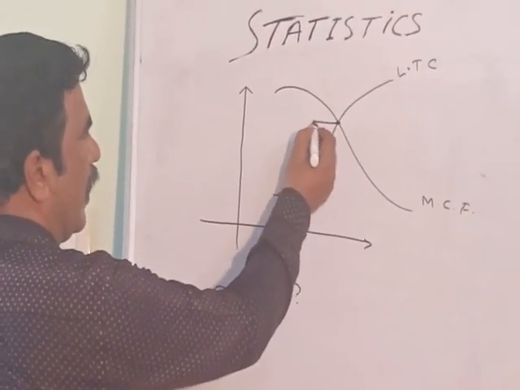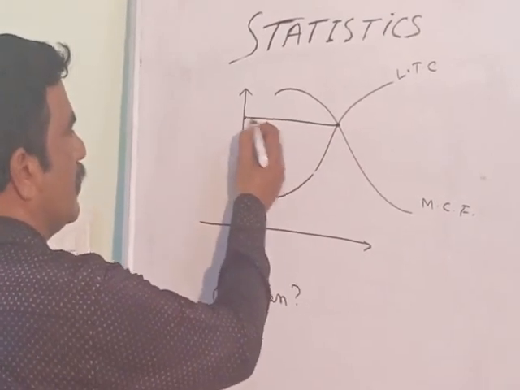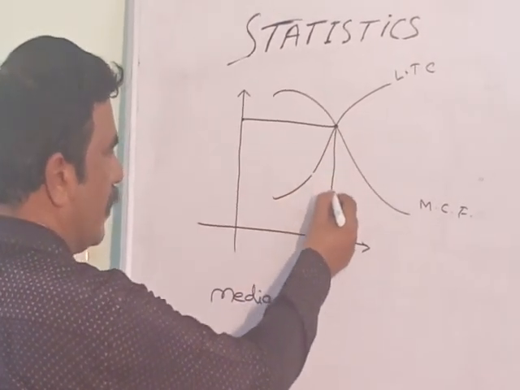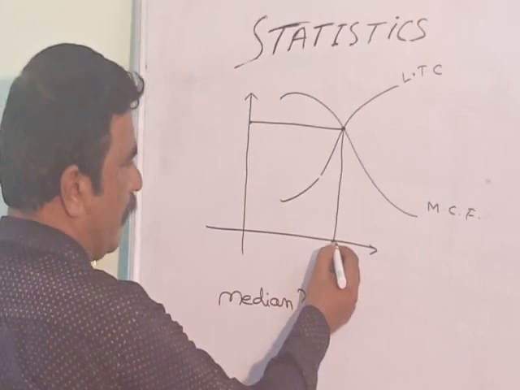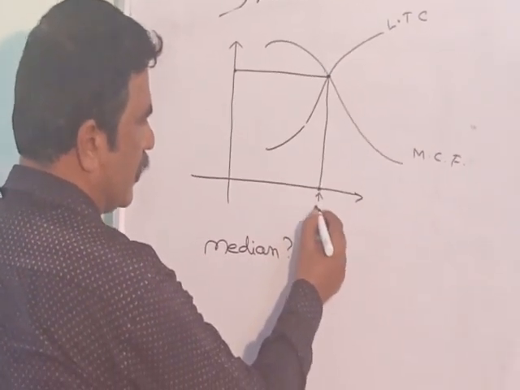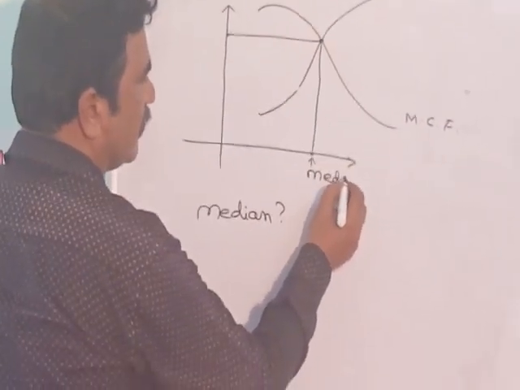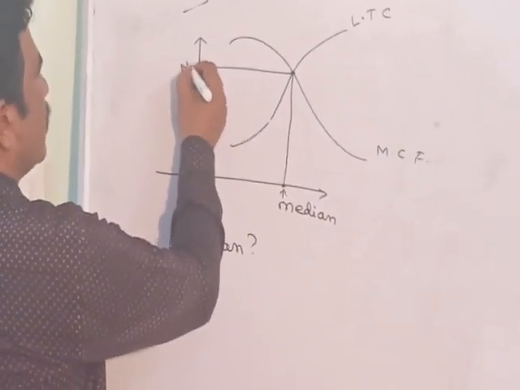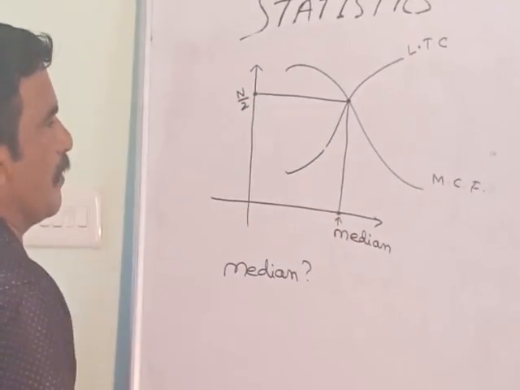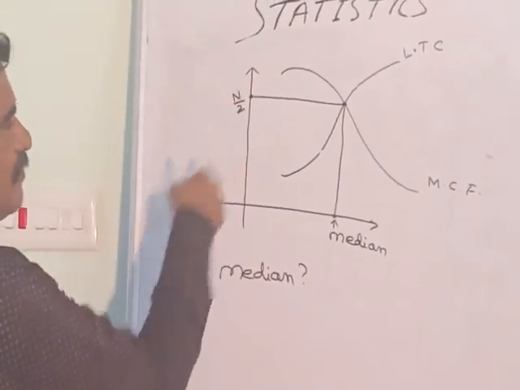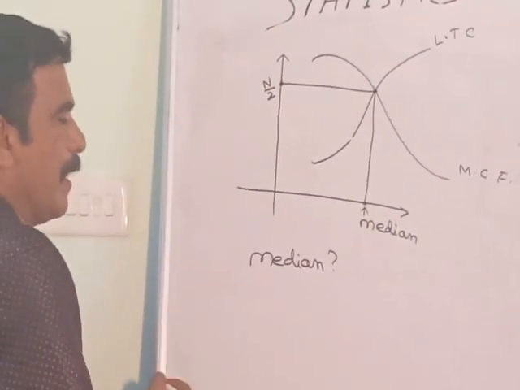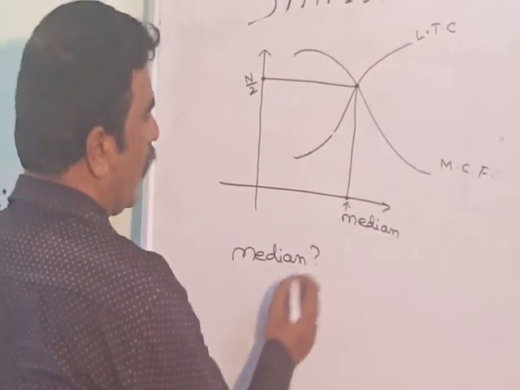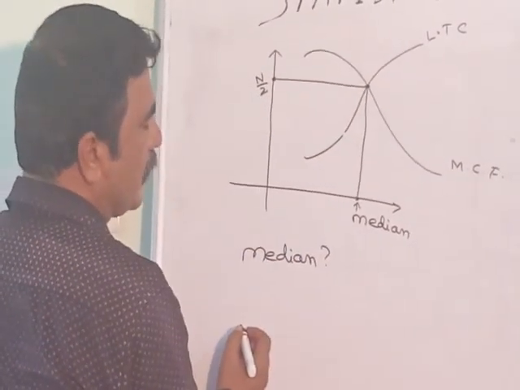Draw a horizontal line to the y-axis, draw a vertical line to the x-axis. Where it meets the x-axis, this is the median. Where it meets the y-axis, this is half of the frequency, N by 2. Therefore, if graphs are given, we can find the median and half frequency.